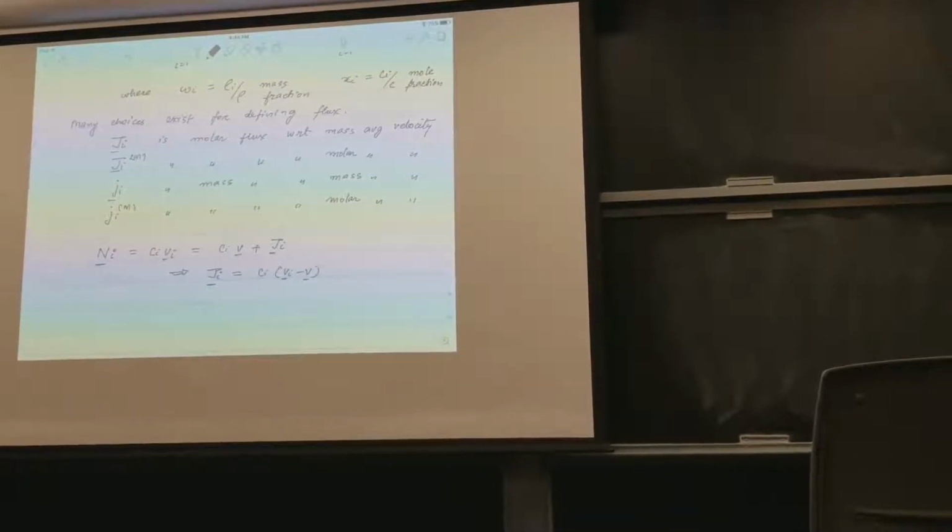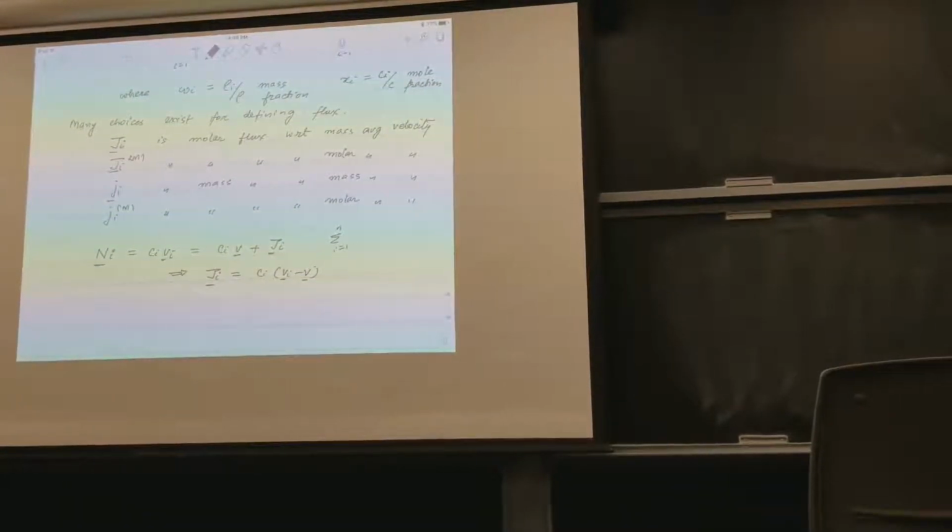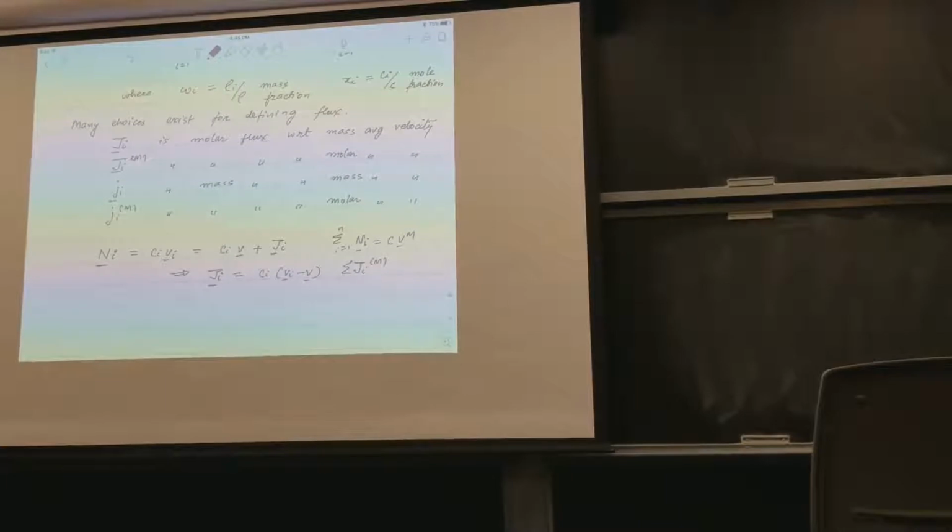And with that definition, if I take the sum of all the molar fluxes, it gives me C V_M. However, if I look at all the diffusive components, they sum to 0.